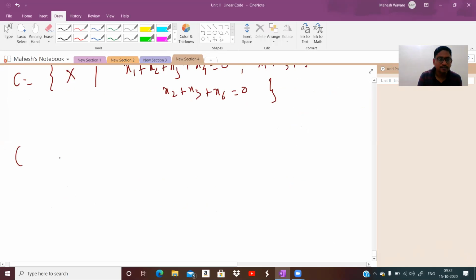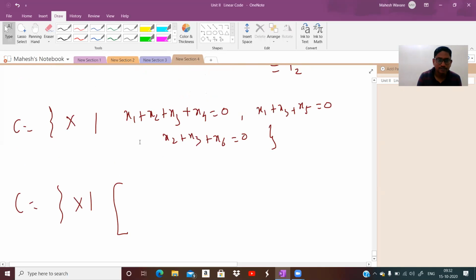So you are writing all those x such that, now write this in matrix form. Matrix form for the first equation: 1, 1, 1, 1, 0, 0. Second equation: x1 is 1, x2 is 0, x3 is 1, x4 is 0, x5 is 1, and last x6 is 0. And the last equation: x2 is 1, x3 is 1, x6 is 1.